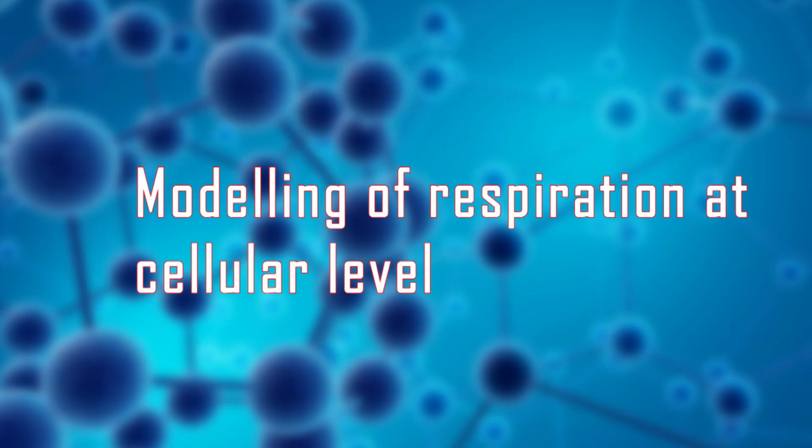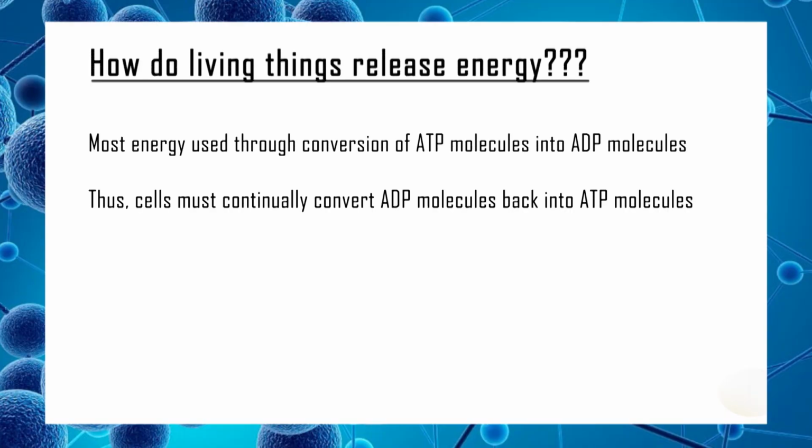Today I will tell about the modeling of respiration at cellular level. So, how do living things release energy? Most of the energy is used through conversion of ATP molecules into ADP molecules.